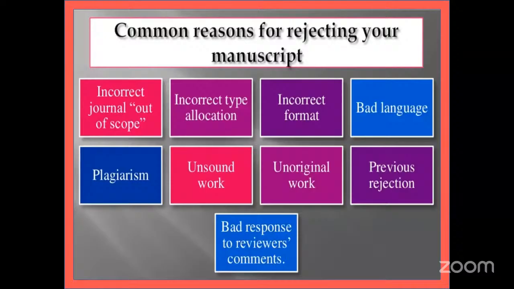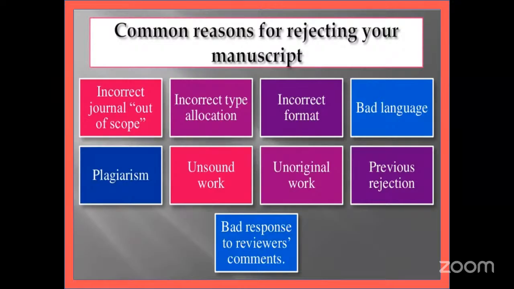Like you cannot select the right format, the right type of paper. If you write a letter but select research document, that is the incorrect format. Or you prepare a research paper but select letter, also incorrect. And incorrect format, bad language, that means poor English, and plagiarism.